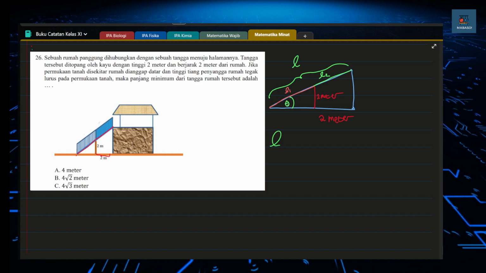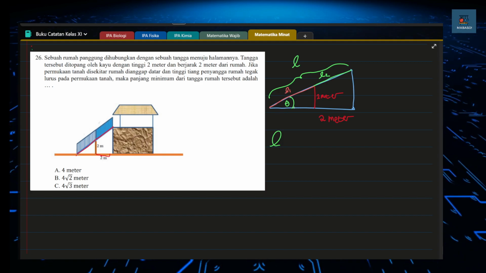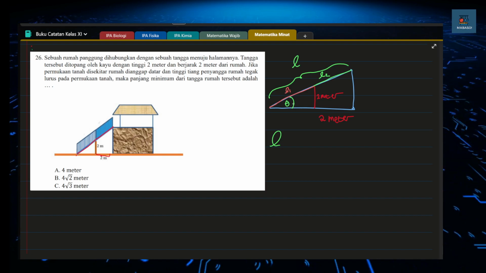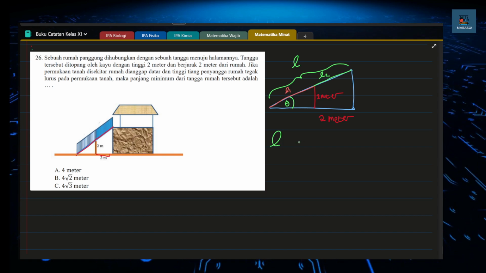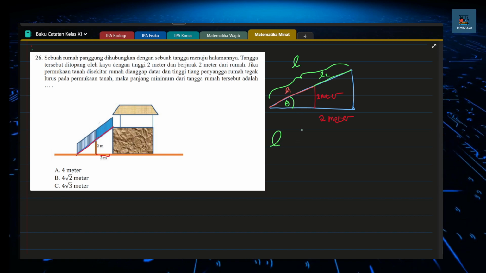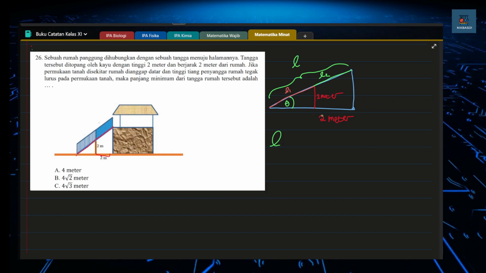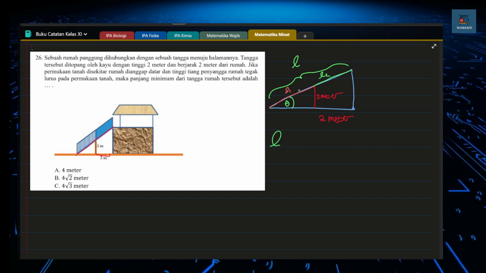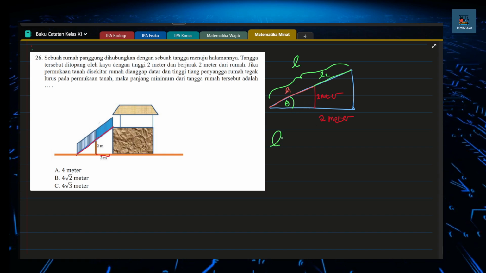The length of the ladder depends on the angle of the ladder, because as theta grows, it affects the length of the ladder. So theta must be considered in this equation, and the function would depend on theta, right?